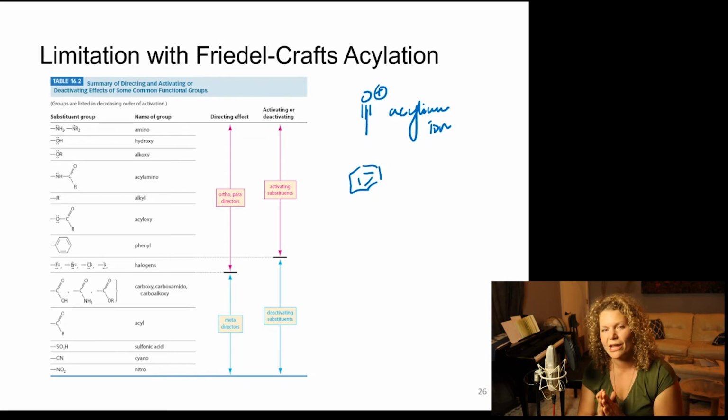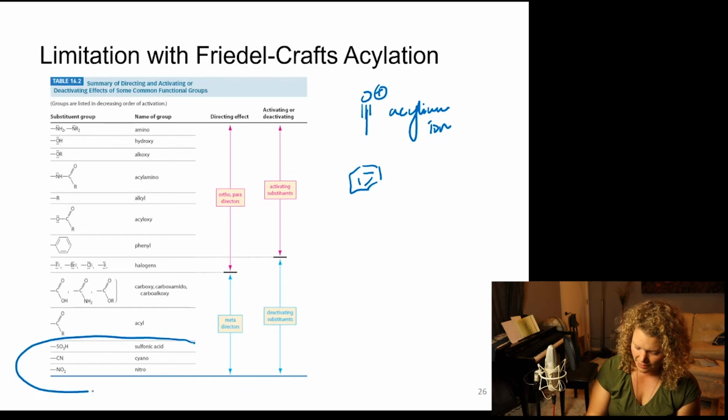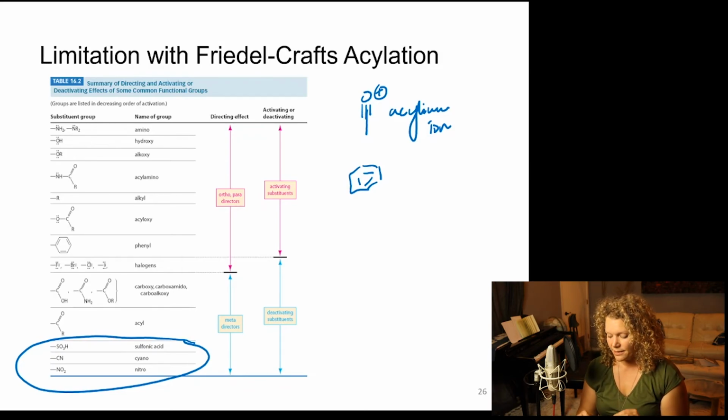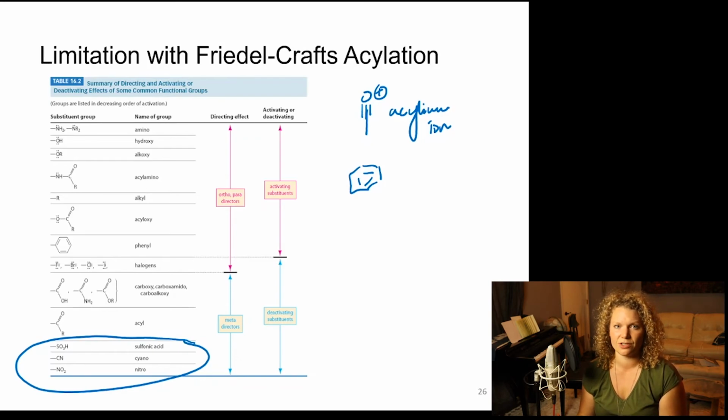You can get away with some electron withdrawing groups. However, if you get something that is too electron withdrawing, typically the sulfonic acids, a cyano group, or a nitro group, these groups will not react in Friedel-Crafts acylation reactions.